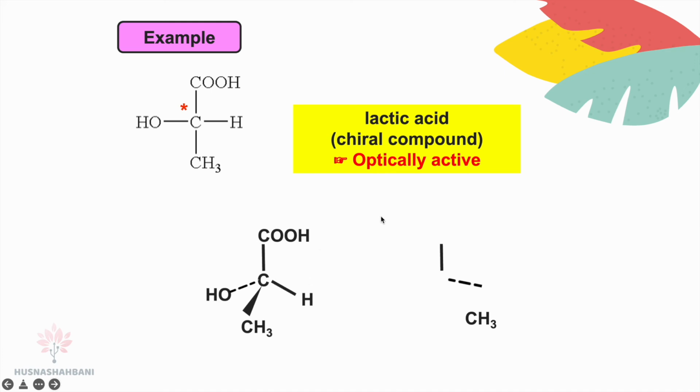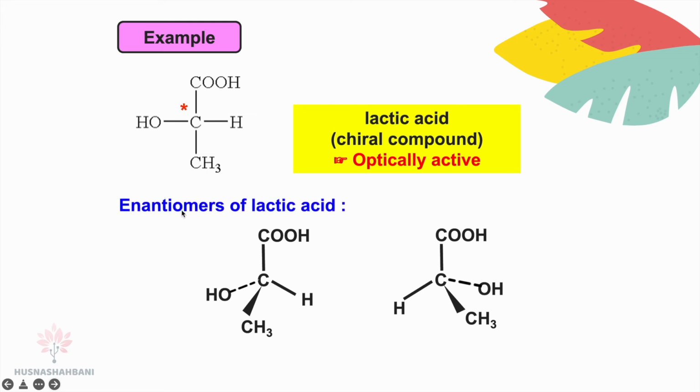And this is how you need to draw the optically active enantiomer of lactic acid. So first draw one compound of lactic acid, then another compound, put the mirror plane in the middle, and you have to draw the other one exactly like you put the mirror in front.